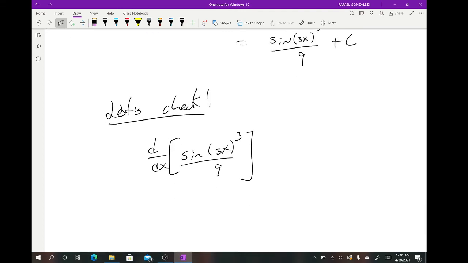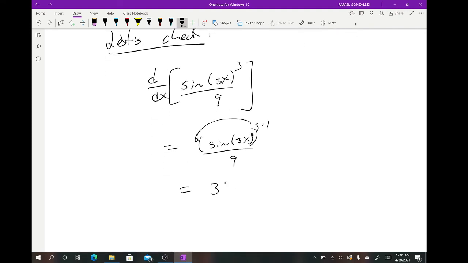So here we're going to have to use 2 chain rules, because what we really have is sine of 3x cubed over 9. So when you take the first chain rule, you're going to bring that 3 to the front and minus 1. So that's going to be 3 times sine of 3x squared divided by 9. But then remember, you have to multiply by the derivative of the inside.